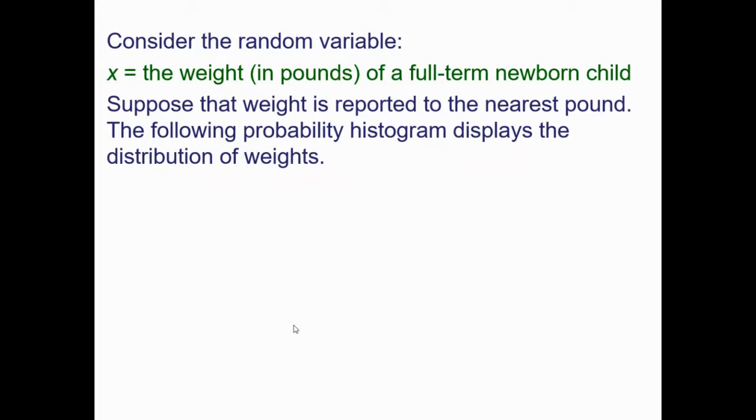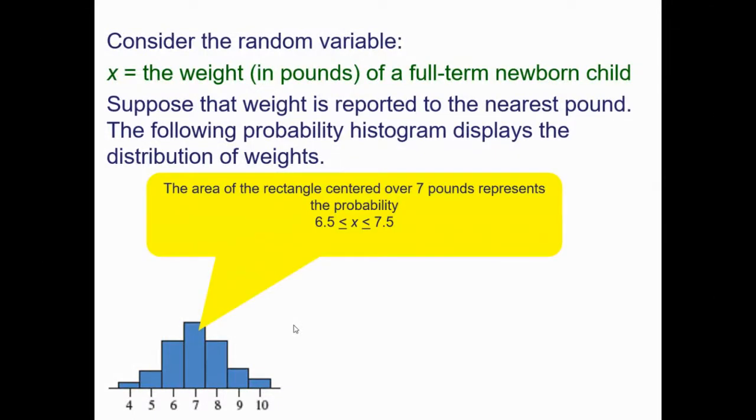Maybe you want to draw an arrow down to that first histogram, because that's the one it's talking about. That would be our histogram. The area of our rectangle centered over the 7 represents the probability that x is between 6.5 and 7.5.